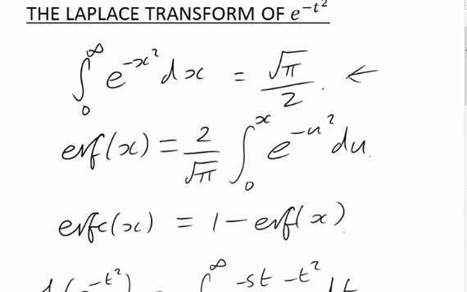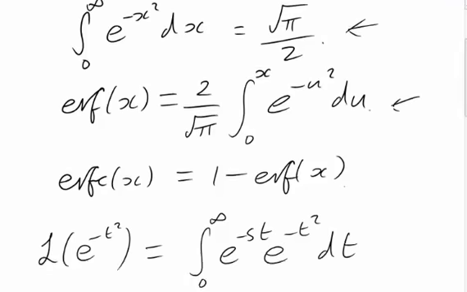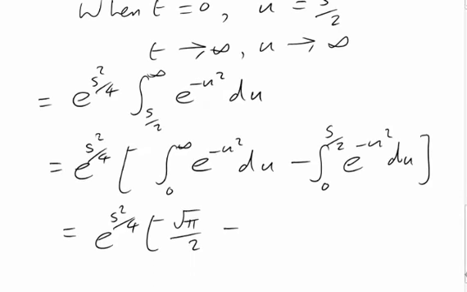And actually that's the error function, isn't it? Except that we have to change the x to s over 2, and we actually have to get rid of that factor at the front, 2 over root pi. So we need to cross multiply that. So I urge you to check, but that gives us root pi over 2 times the error function of s over 2.